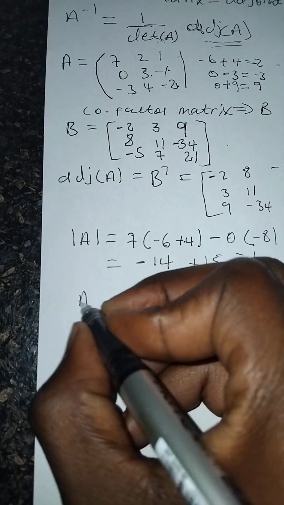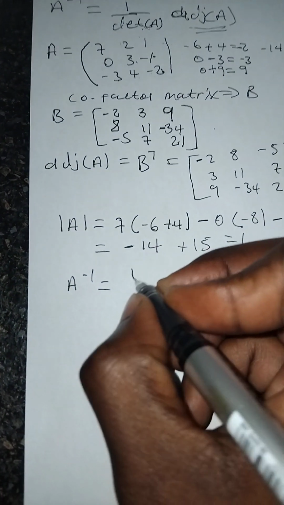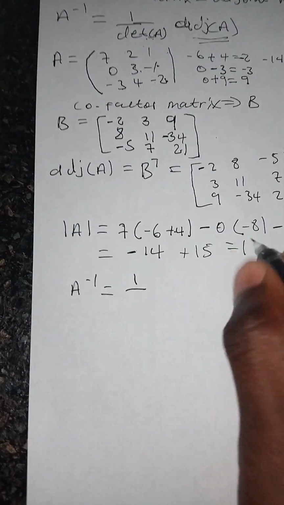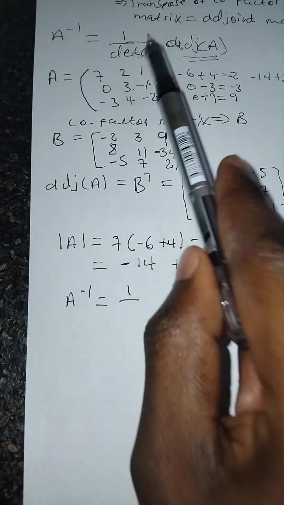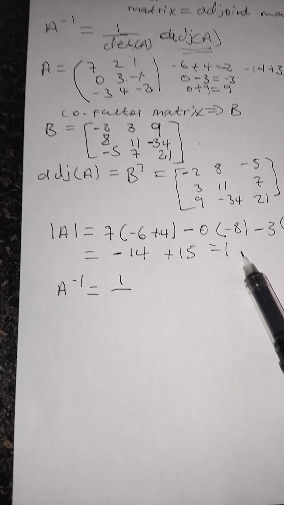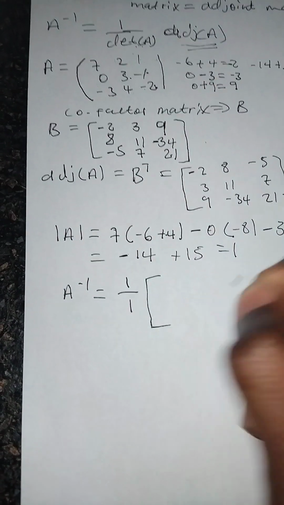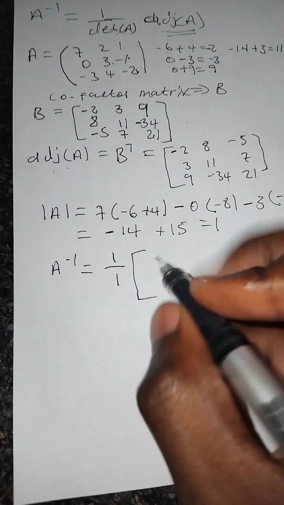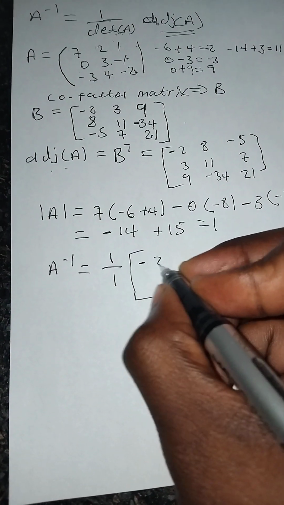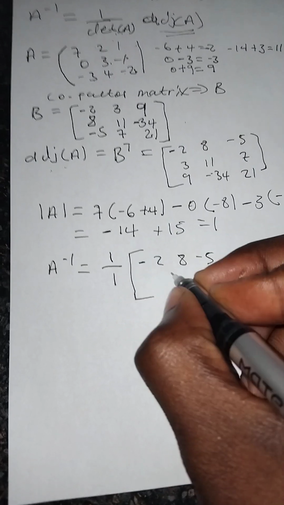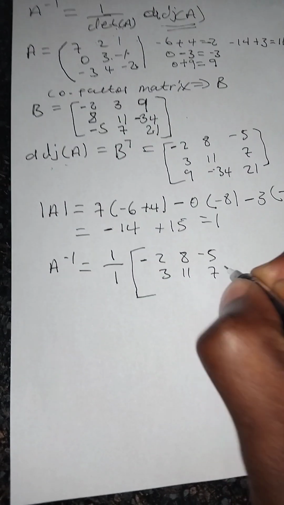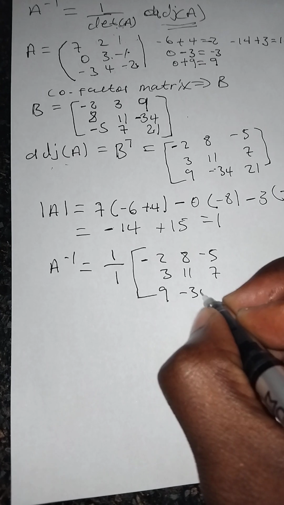So A inverse is therefore equal to 1 all over the determinant, according to the formula, and we got the determinant to be 1, so it's 1 all over 1 multiplied by the adjoint. The adjoint matrix is this one, so we're going to have minus 2, 8, minus 5, 3, 11, 7, 9, minus 34, 21.